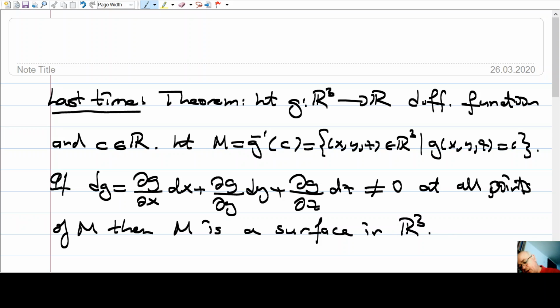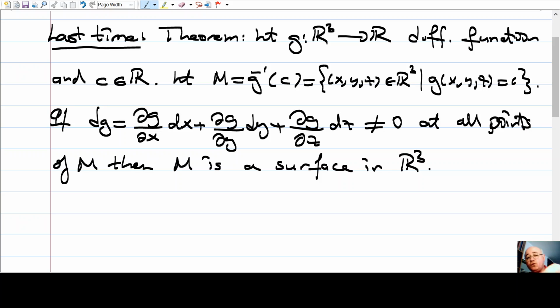So this theorem is a good source for obtaining surfaces in R3.